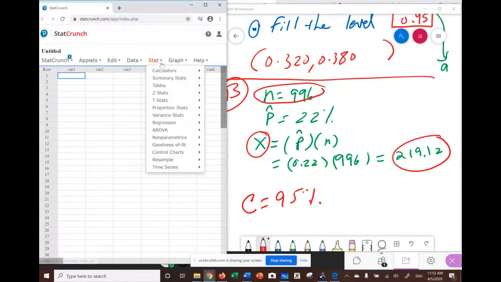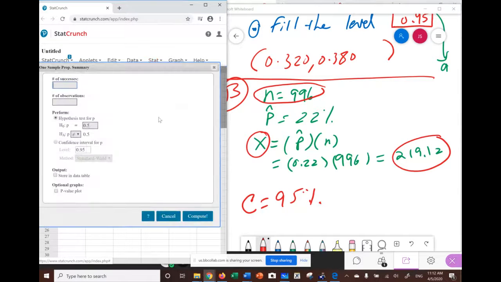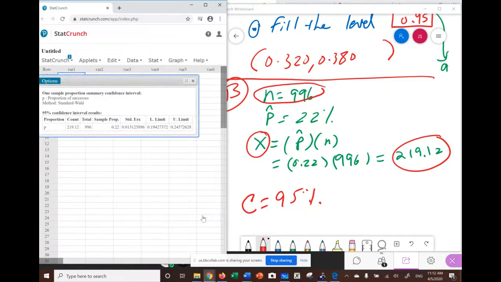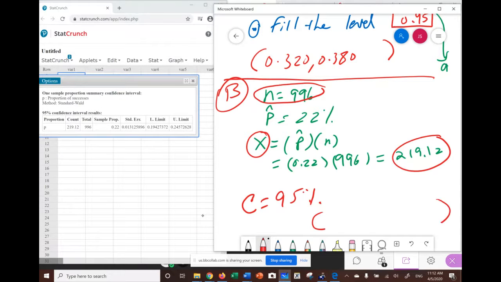We're going to go to Stat, Proportion Stat, One Sample, With Summary. The number of successes in this case, always X, is 219.12. The number of observations, which is how many in the country, is 996. And the confidence level is 95%. Don't change it. Hit compute. That's going to give you the answer you're looking for.